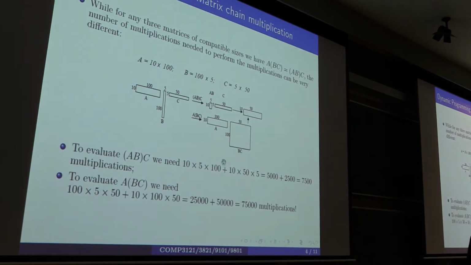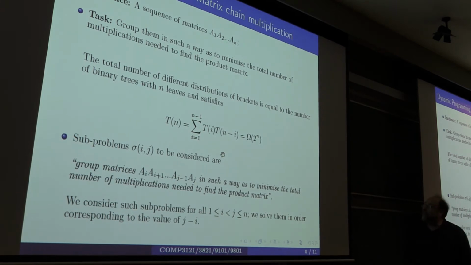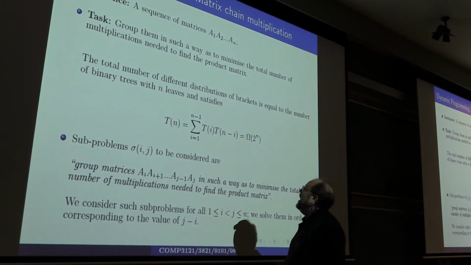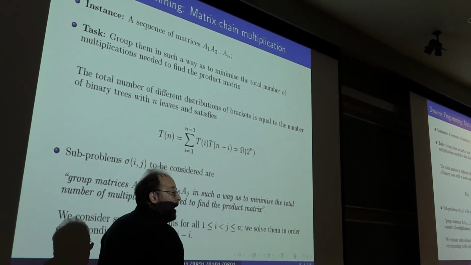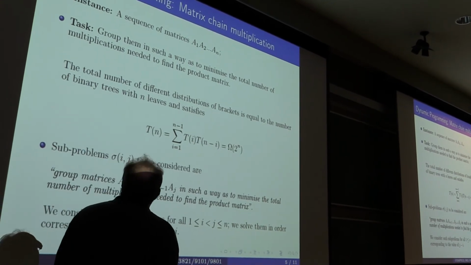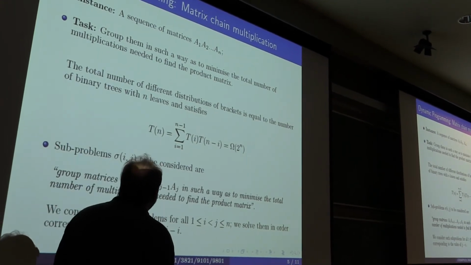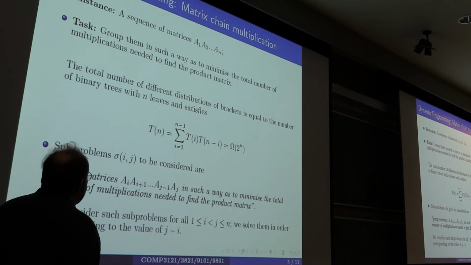So now, we want to solve the following problem. Assume that rather than just 3, you have a sequence of matrices, A1, A2, up to AN. And your task is to group them in such a way as to minimize the total number of multiplications needed to find the product matrix.